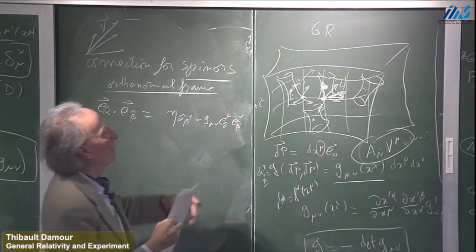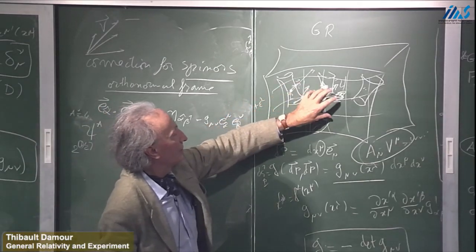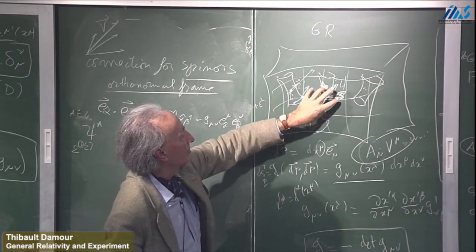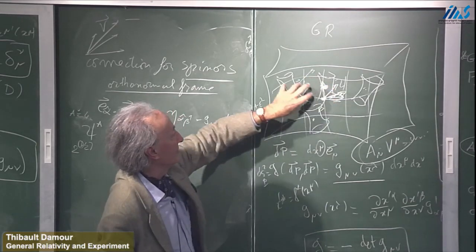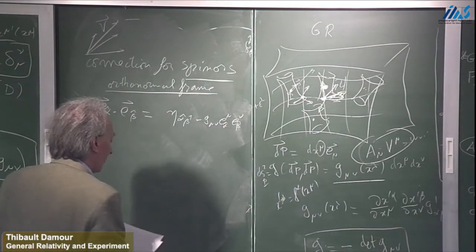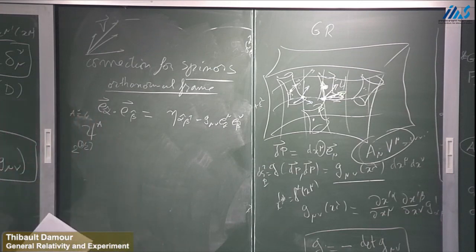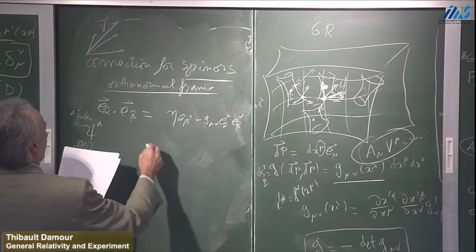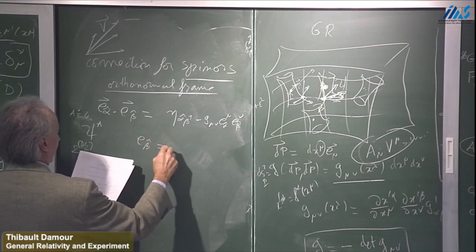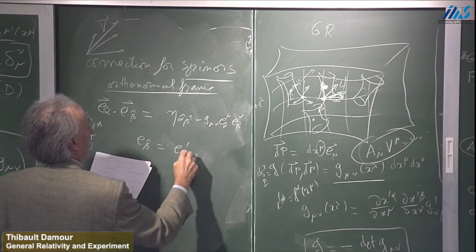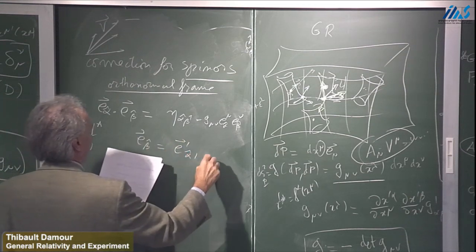And therefore, now I have a group which is like a gauge group, which is the group of local Lorentz rotations. The orthonormal frame is preserved if I make a local Lorentz rotation at each point, okay? So the group which is important for spinors is this gauge group, which at each point is the local Lorentz rotations. More precisely, under this group, e_alpha will vary, for instance, to e_alpha prime.